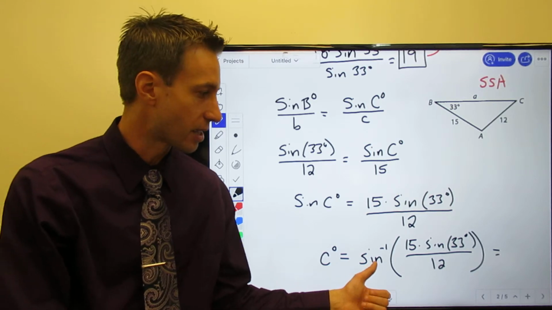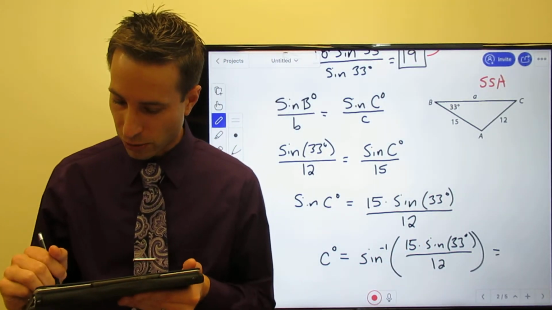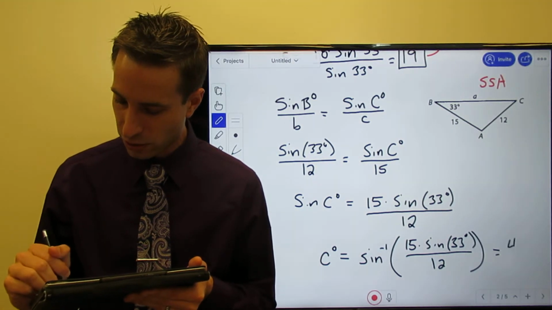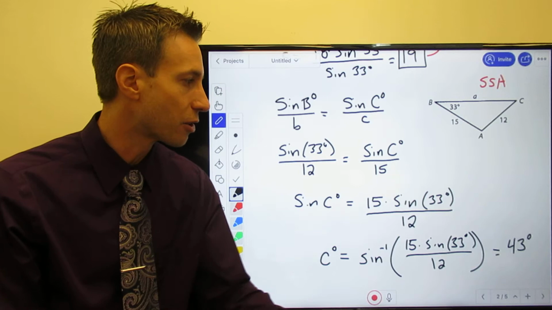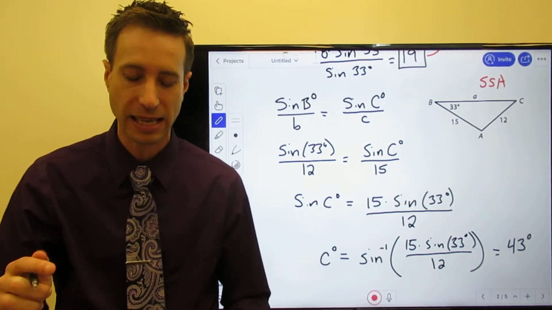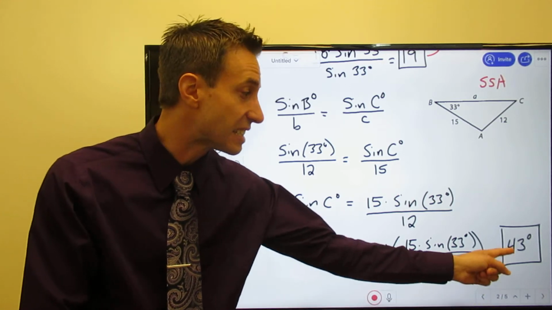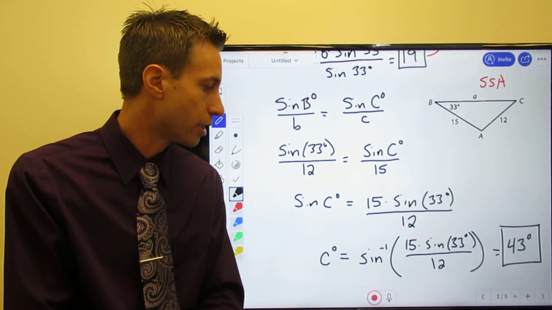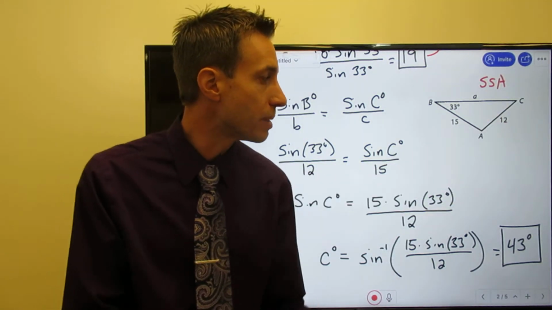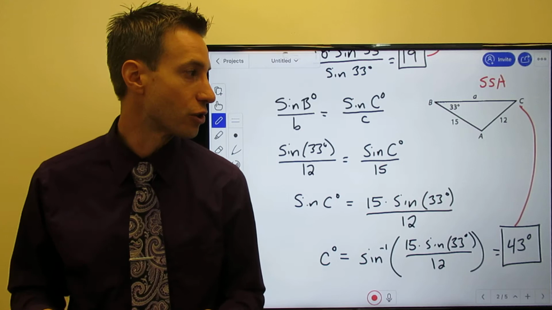It'll give you the inverse sine. You'll take the inverse sine of whatever this number came out to be. As long as you do that correctly, without fat-fingering anything on your calculator, you should wind up getting 43 degrees. You may have to round a little bit to get to the nearest degree. I don't think it comes out to be exactly 43, but if you round to the nearest degree, you'll get 43 degrees, which is the measure of angle C.